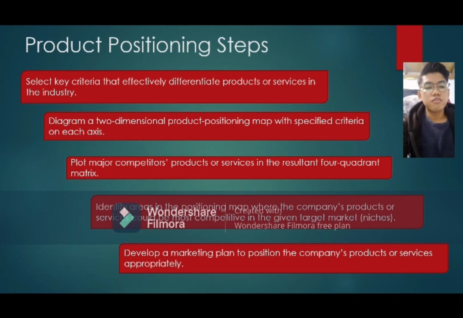The third step is to plot major competitors' products or services in the resultant four-quadrant matrix. The fourth is to identify areas in the positioning map where the company's product or service could be more competitive in the given target market. And the last step is to develop a marketing plan to position the company's product or service appropriately.